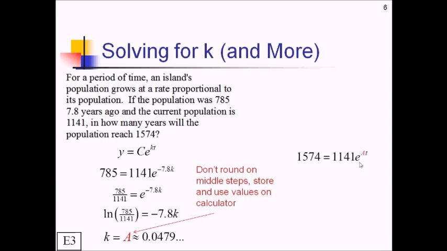So moving on then, we just have to rearrange this and solve for t. Pretty much the same steps that we did to solve for k over here. Divide by the 1141. Take the ln of both sides to get rid of the e. So we have ln of all this stuff equals just at. And now we can divide by a, this decimal over here, to get our final answer.